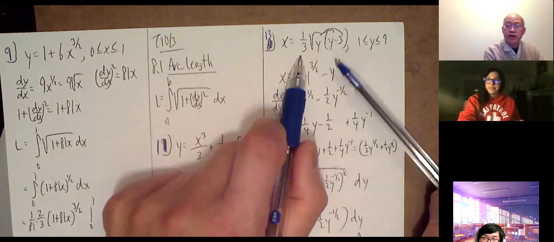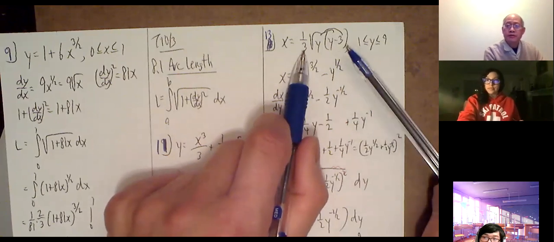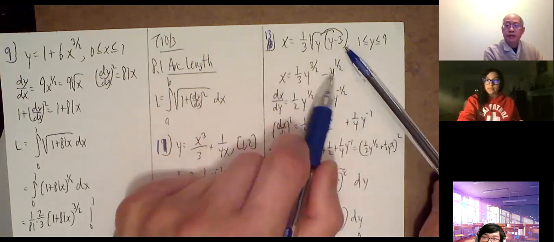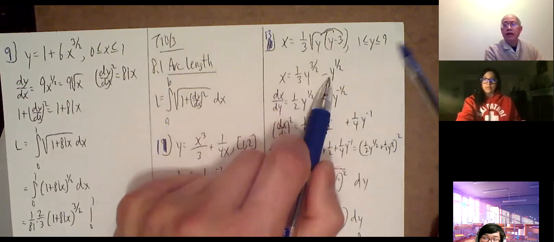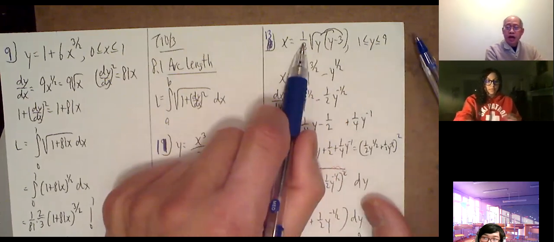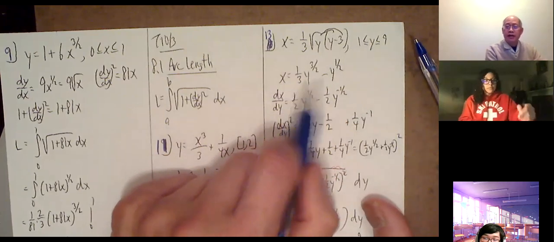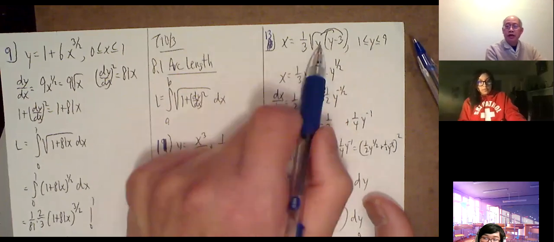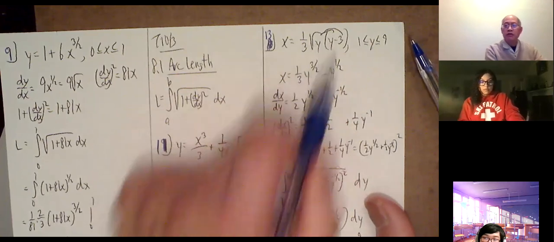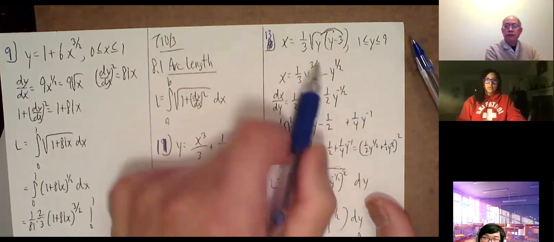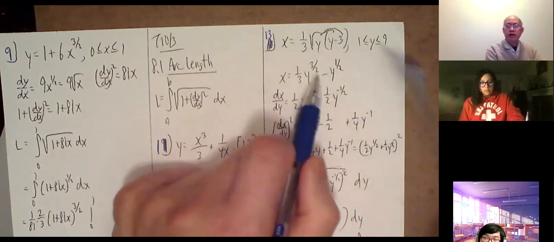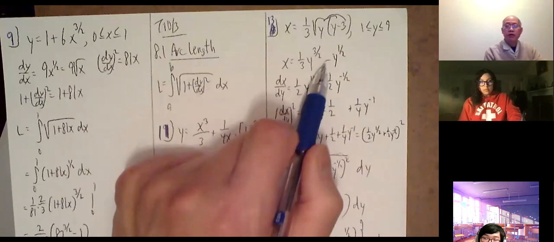And then if I multiply these two, what's 1/3 times negative 3? Negative 1. And then radical y is y to the 1/2. So this, after you distribute, comes out to be this. Then negative 1/3 times 3 is 1, so negative y to the 1/2.